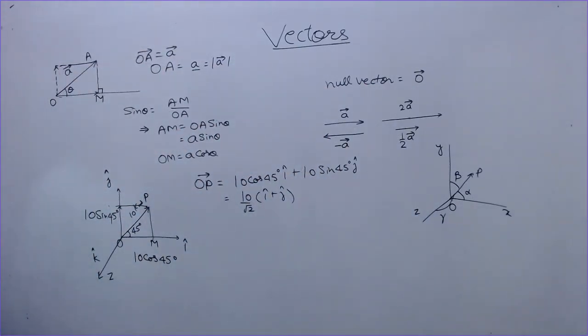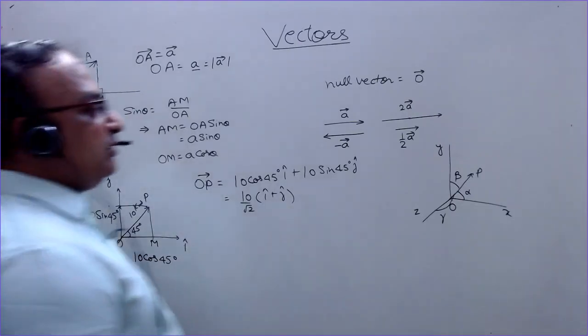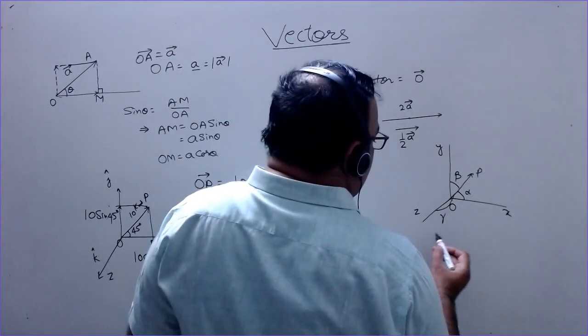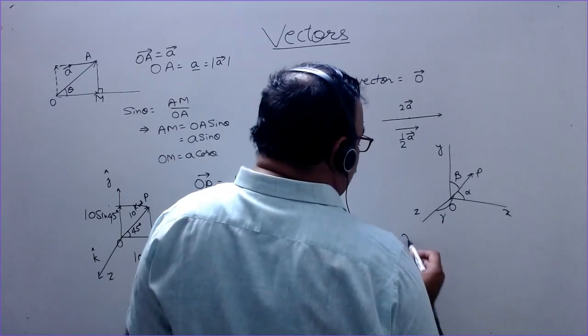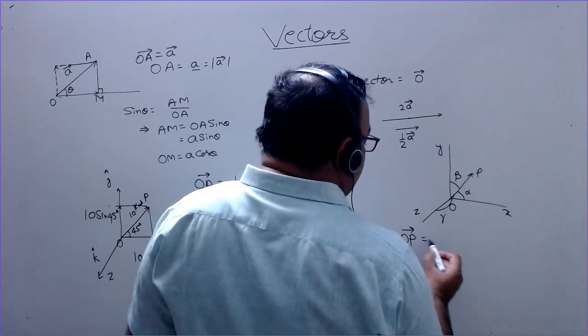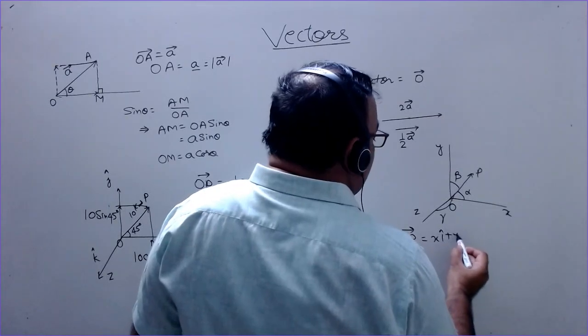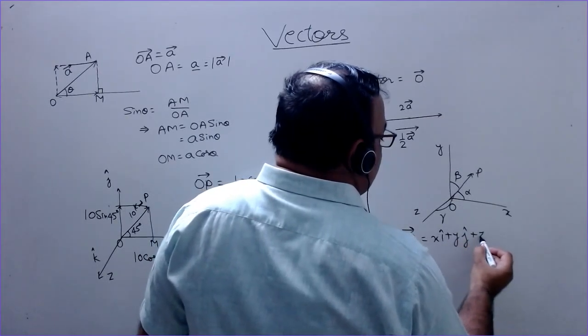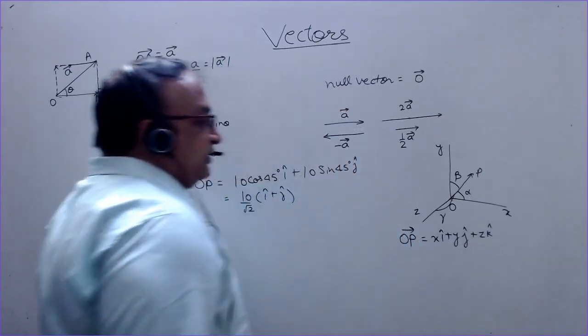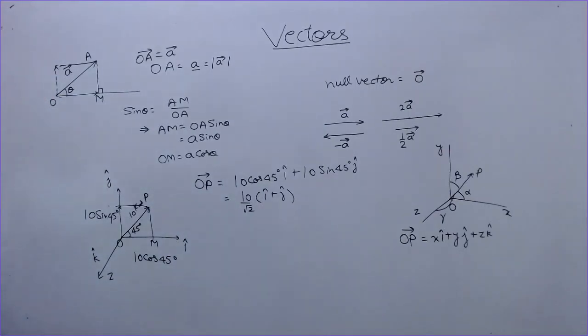So you can write the components in the three directions. Suppose the components in the three directions are x, y and z. So I will write OP is equal to xi plus yj plus zk. This is how we write the components of a vector in x, y and z directions.